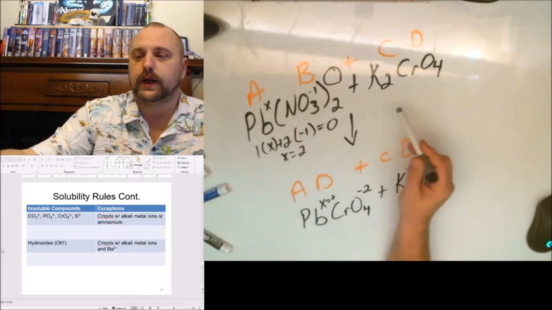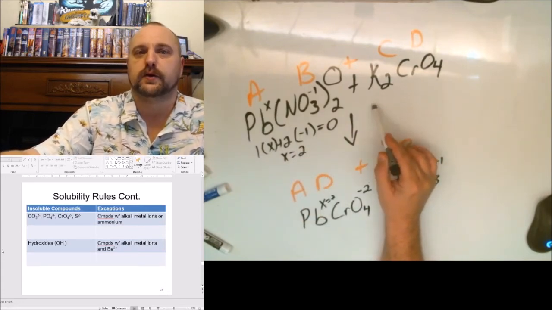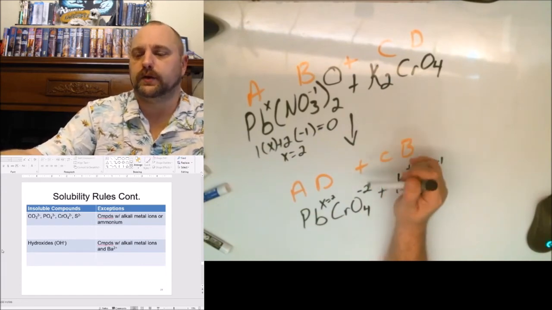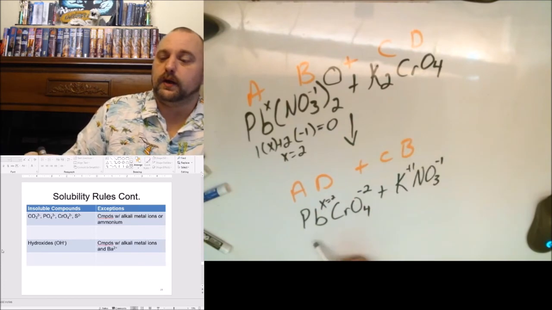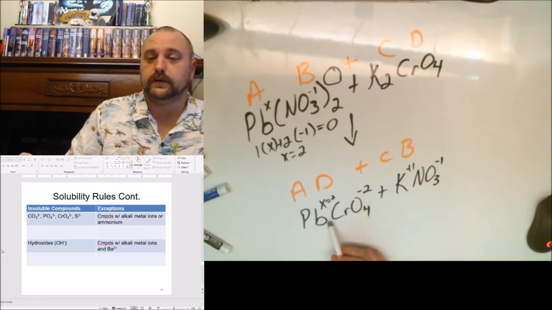So this would be lead 2 nitrate plus potassium chromate. Notice potassium, I didn't have to give the charge. It's not potassium 1 chromate. Potassium's always a plus 1. So just potassium chromate. So when I do this one, lead 2 chromate, even though there's only one lead, it's the 2.